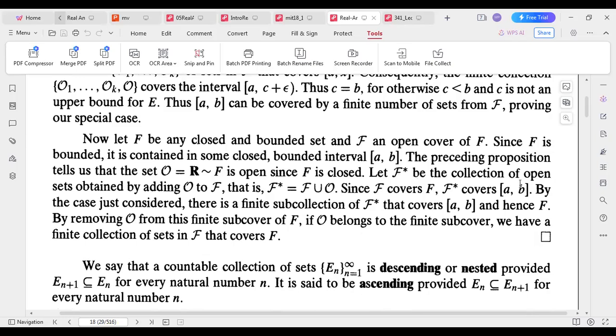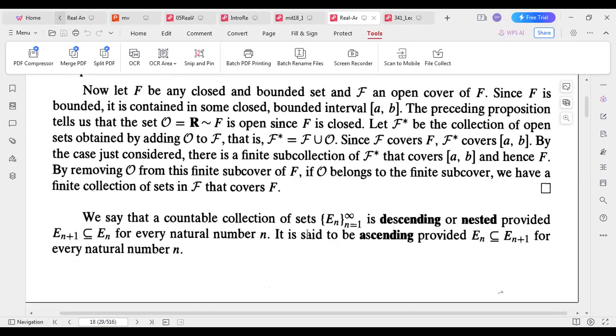Let F star be the collection of open sets obtained by adding O to F. That is, F star equals what? F union O. Since F covers F, F star covers the closed interval [a, b], so by the case just considered, there is a finite subcollection of F star that covers [a, b]. Hence F. By removing O from the finite subcover of F star, if O belongs to the finite subcover, we have a finite subcollection of sets in F that covers F.